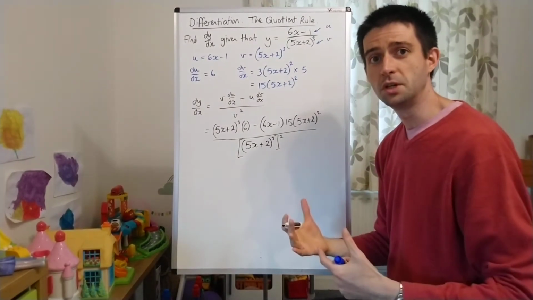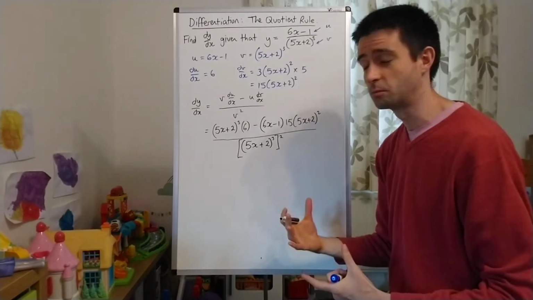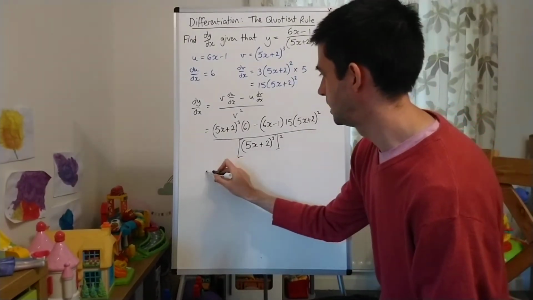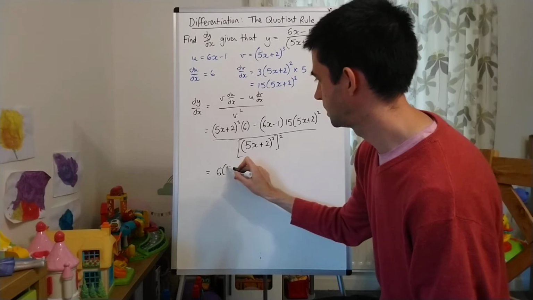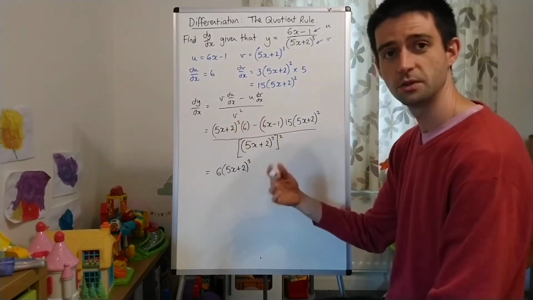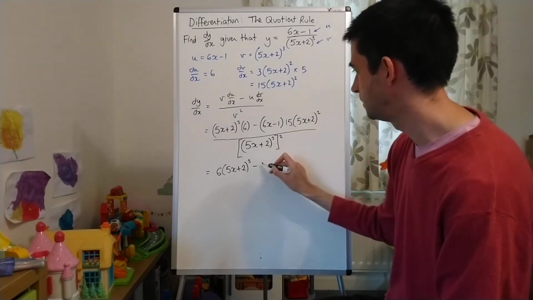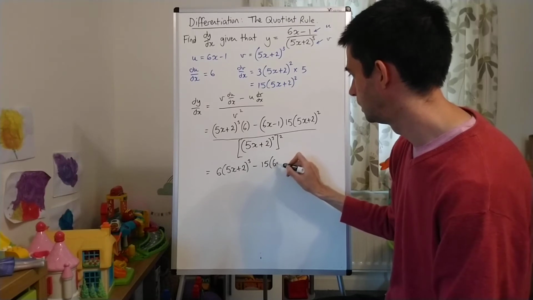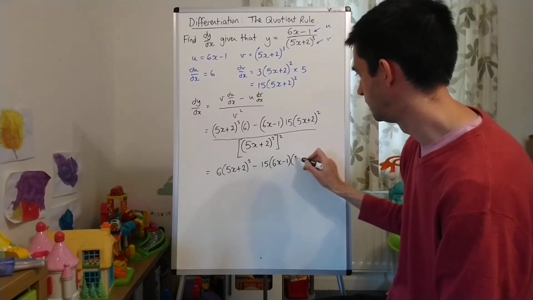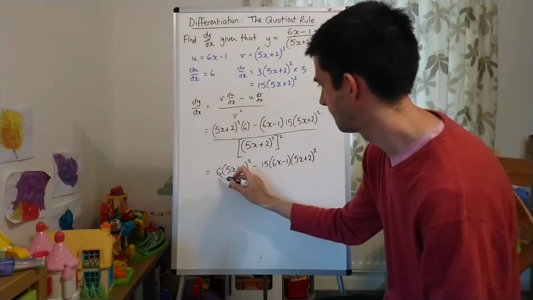So I have the opportunity here to simplify this answer, which means that I'm not going to expand out those brackets at this time. Instead, I'm going to write 6 lots of (5x plus 2) cubed, so just putting the constant in front, so it's a more familiar form. And then I'm going to write minus 15 lots of (6x minus 1) times (5x plus 2) squared.